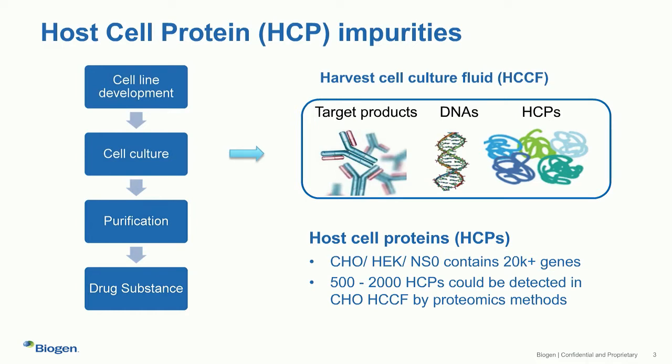Commonly used mammalian cell lines include CHO cells, HEK cells, and NS0 cells, and all of those cells contain more than 20,000 genes and can express up to 10,000 proteins. Commonly used proteomics methods have reported identification of 500 to 2,000 HCPs in the CHO HCCF.